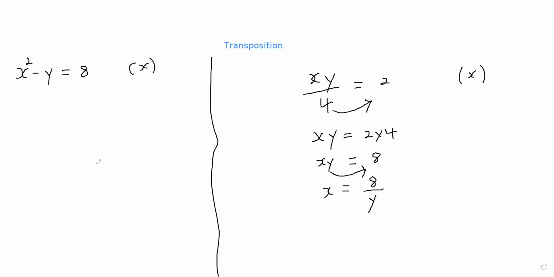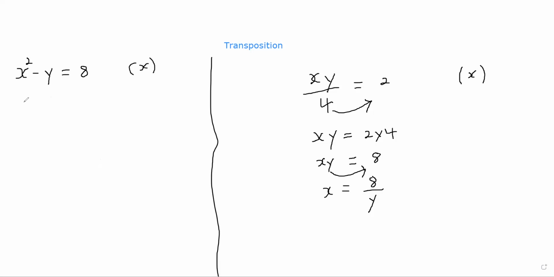What do we need to carry over in order to make x the subject? First, I got to carry over the y, and we need to carry over also the square. So there's two things you gotta get rid of: y and the square.